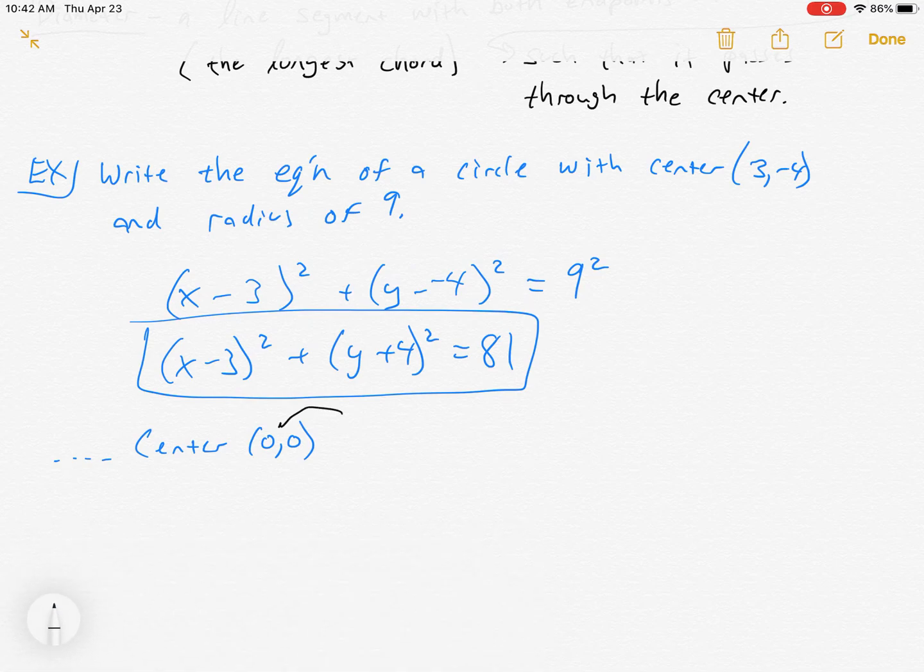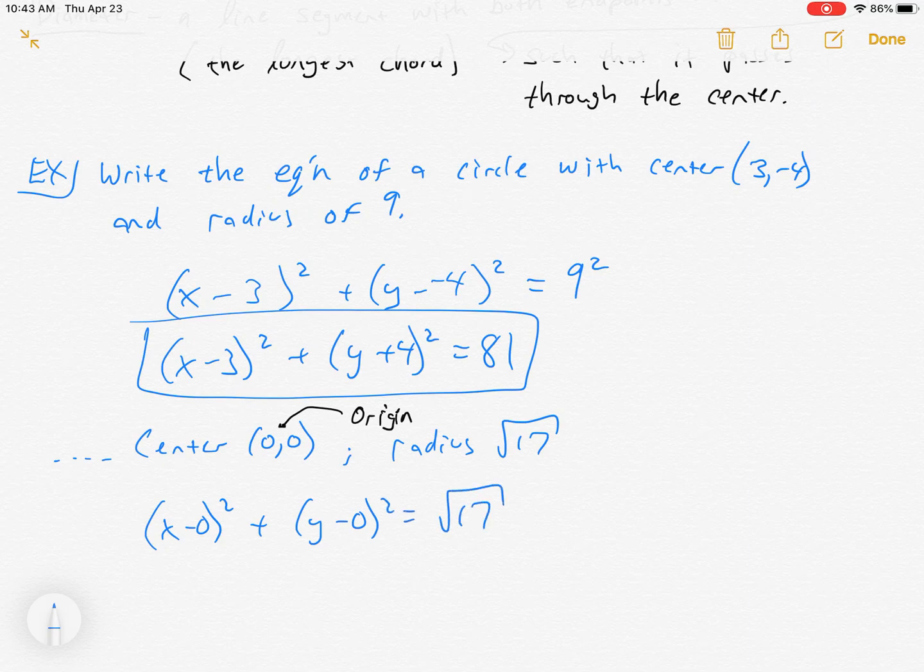Let's do another example. Kind of same idea, but now I'm going to say the center is 0, 0. You could also say that's the origin. That's the fancy name for 0, 0. Center 0, 0, and the radius we'll say is the square root of 17.